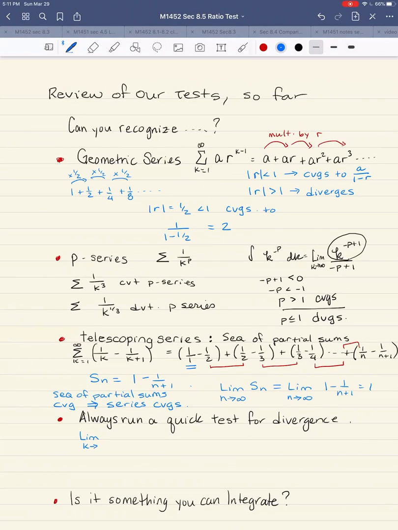Remember, our test for divergence is that in your series, if you take the limit as k goes to infinity of the a_k term, and it's not 0, then the series diverges.